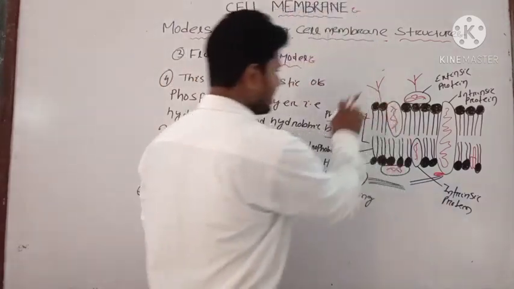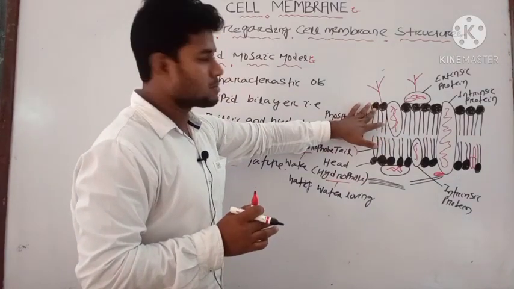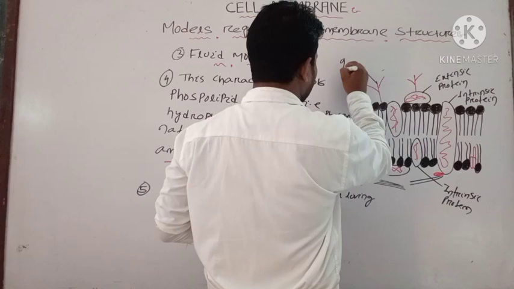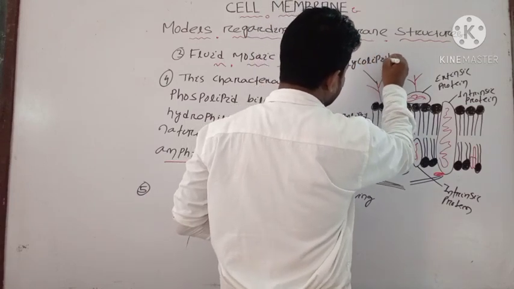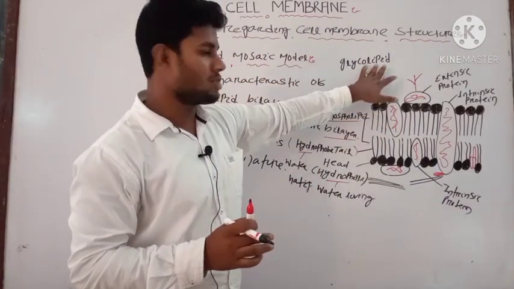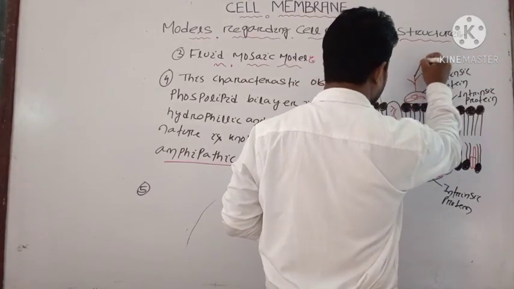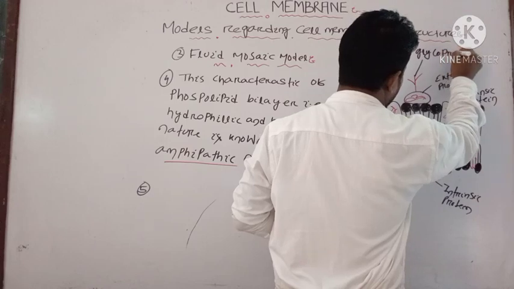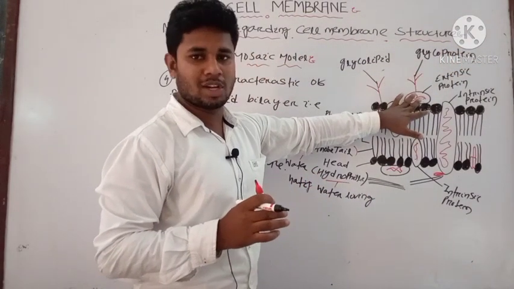Suppose this is one carbohydrate or sugar, it is attached to the phospholipid bilayer. This is known as your glycolipid. As the carbohydrate is attached to the lipid structure, it is known as a glycolipid, and another carbohydrate is attached to the protein. This is known as a glycoprotein.